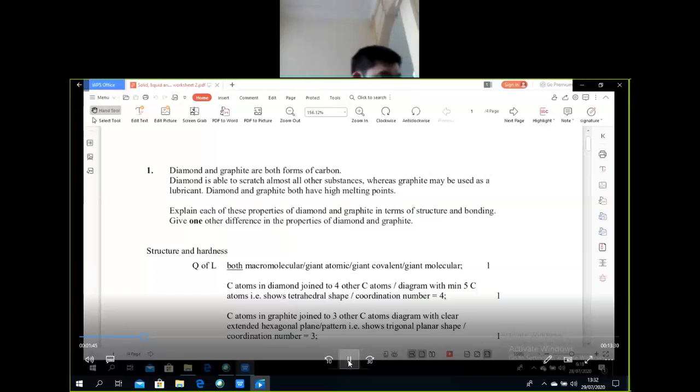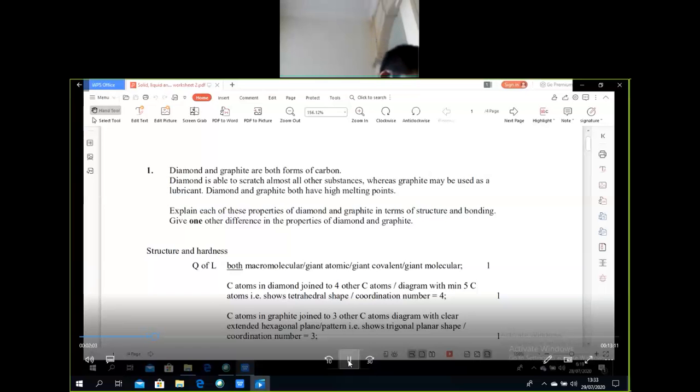It forms a tetrahedral shape with a bond angle of 109.5 degrees. The coordination number is 4. How come the coordination number is 4? Because around carbon there are another 4 carbon atoms.